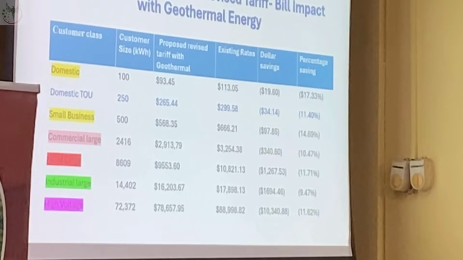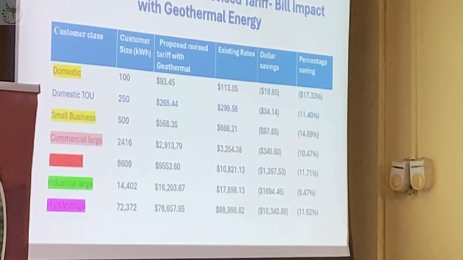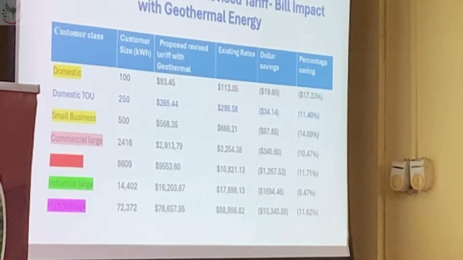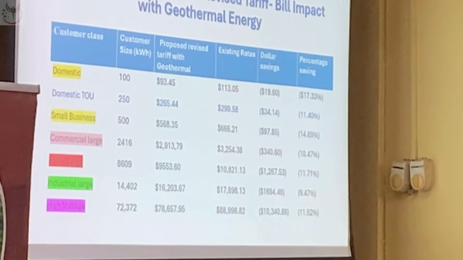Similarly, small business customers with a usage of 500 under the proposed revised tariff, there is $568.45 compared to the existing, which is $666.21.